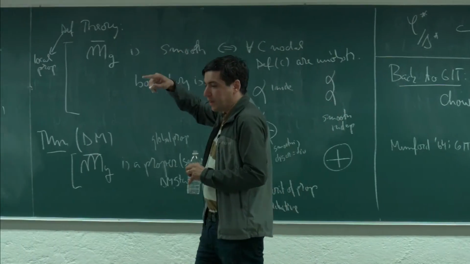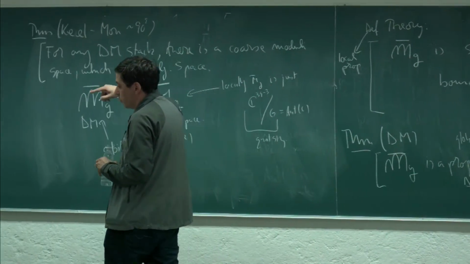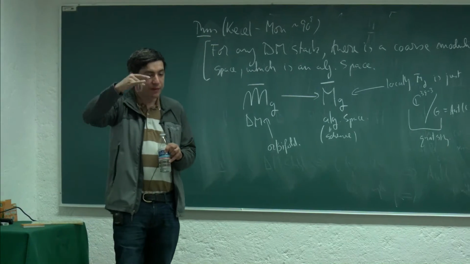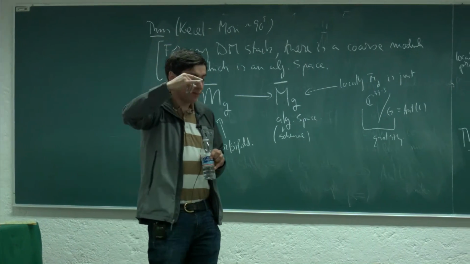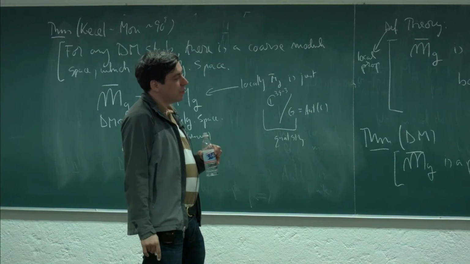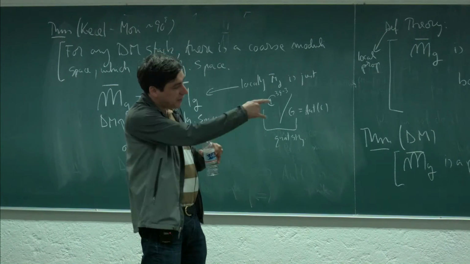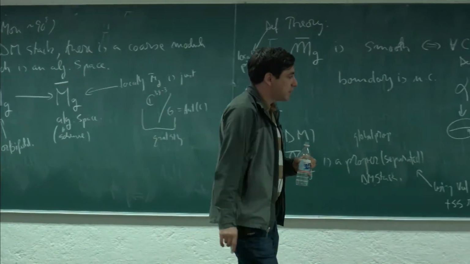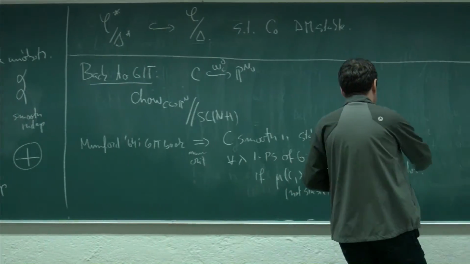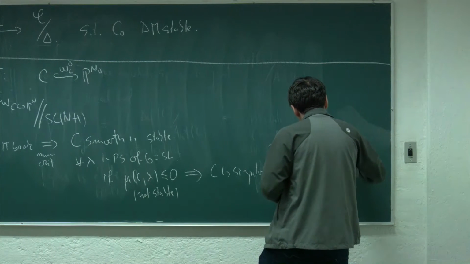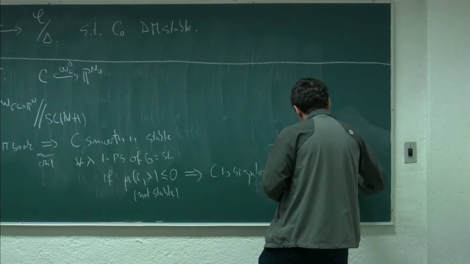Remember the diagram from yesterday. If you impose this less than or equal to 0, it means all the characters of the representations are in a half plane, and then you see that some monomials are vanishing, and it forces you to be singular. So the contrapositive of this is that if C is smooth, then C is stable.